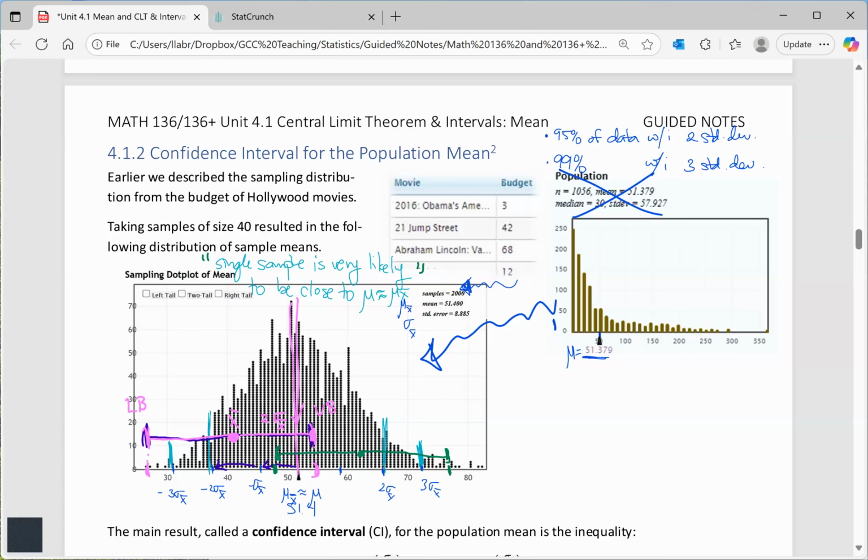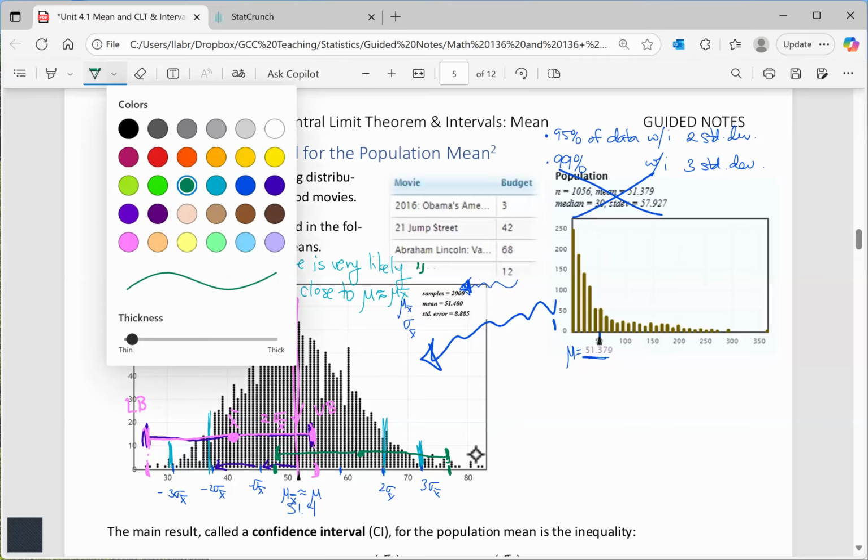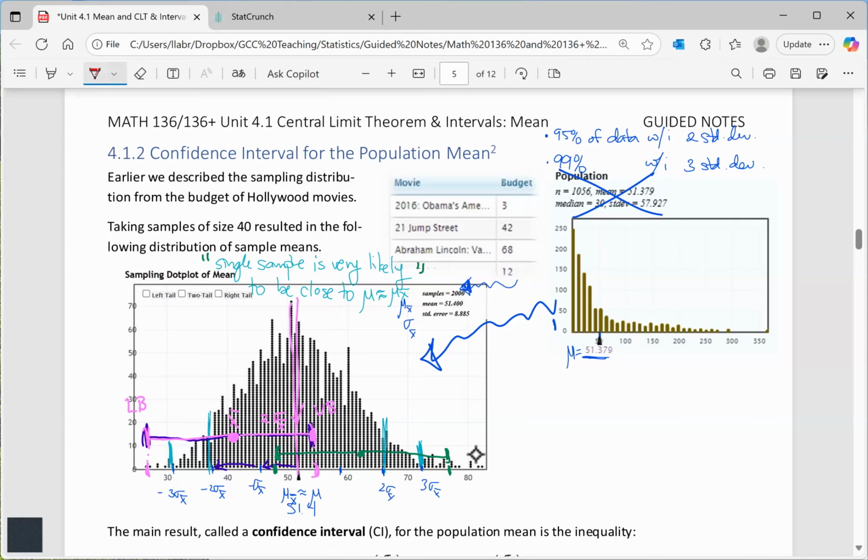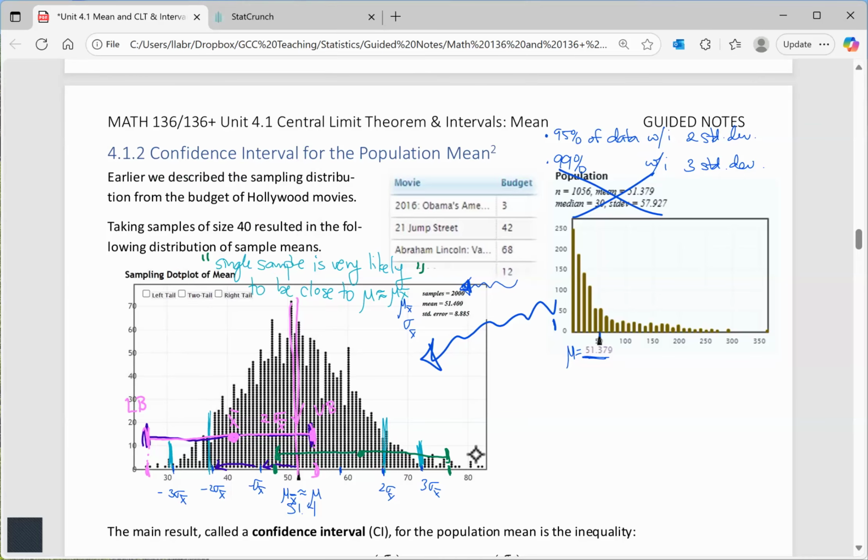So let me just show you one example of something that doesn't work out. We've already identified that you're very, very unlikely that if you take a single sample, that you'll get something like, for example, out here around the 80. And remember that 2 standard deviations is down this way, 1 and 2. So that length, I'm going to try to go that length here. So 1 and 2.